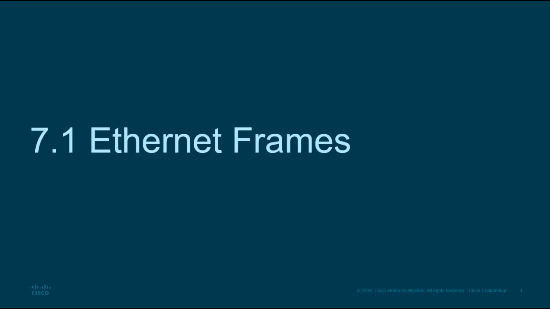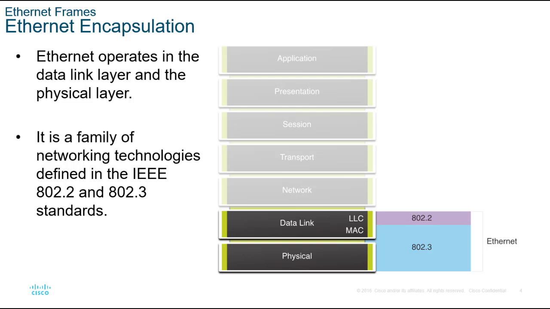This module starts with a discussion of Ethernet technology, including an explanation of the MAC sublayer and the Ethernet frame fields. Ethernet is a wired LAN technology which uses twisted pair, fiber optic, and coaxial network media. Ethernet functions in two layers of the OSI model, the data link layer and the physical layer.